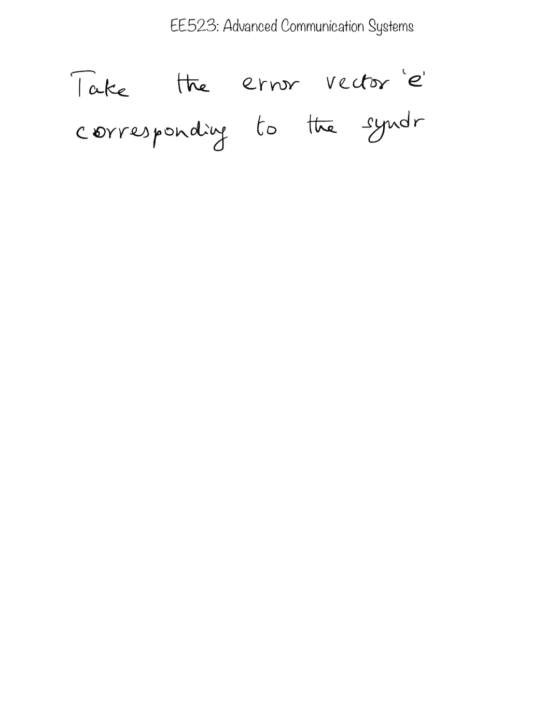So from the lookup table, take the error vector E corresponding to the syndrome S, and add the error vector to the received code word.